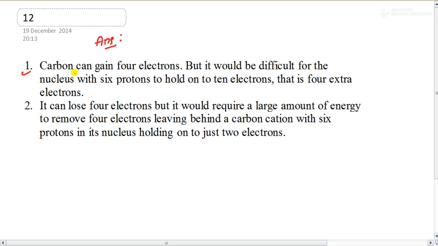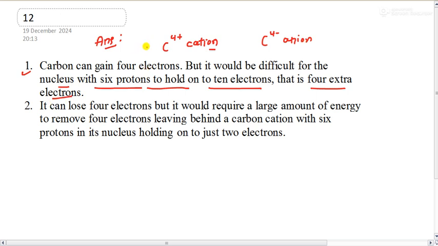Carbon can gain 4 electrons, but it would be difficult for the nucleus with 6 protons to hold on to 10 electrons, that is 4 extra electrons. This is the first point why it cannot form C4 minus anion.